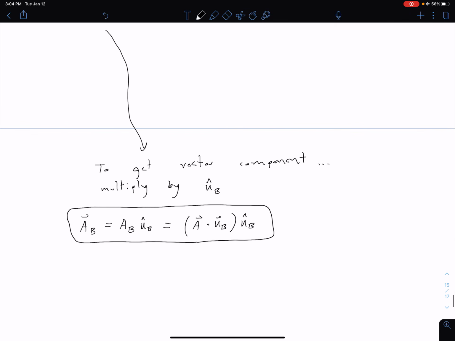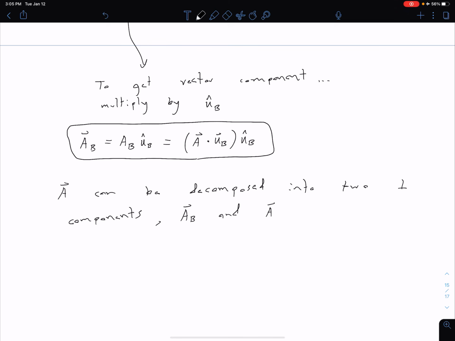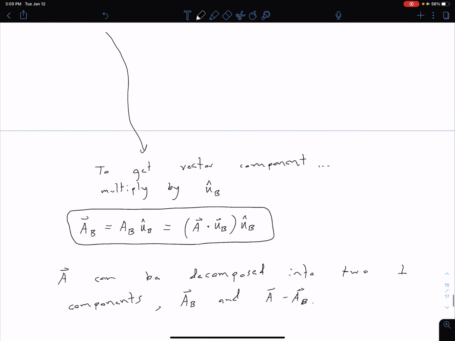We can also use this idea to decompose A into two parts. A can be decomposed into two orthogonal, or perpendicular, components, with the symbol for perpendicular that we talked about before. One of them is going to be A sub B, and the other one we're going to call A minus A sub B. Let's label that.